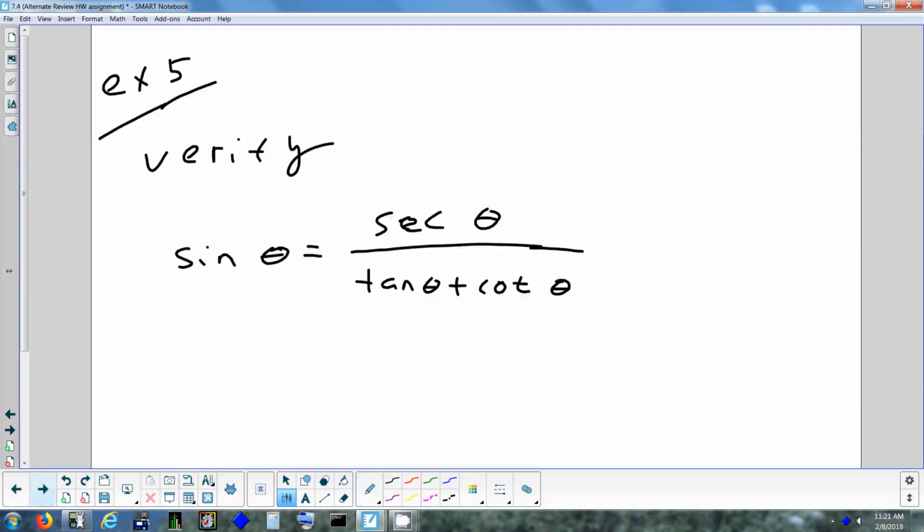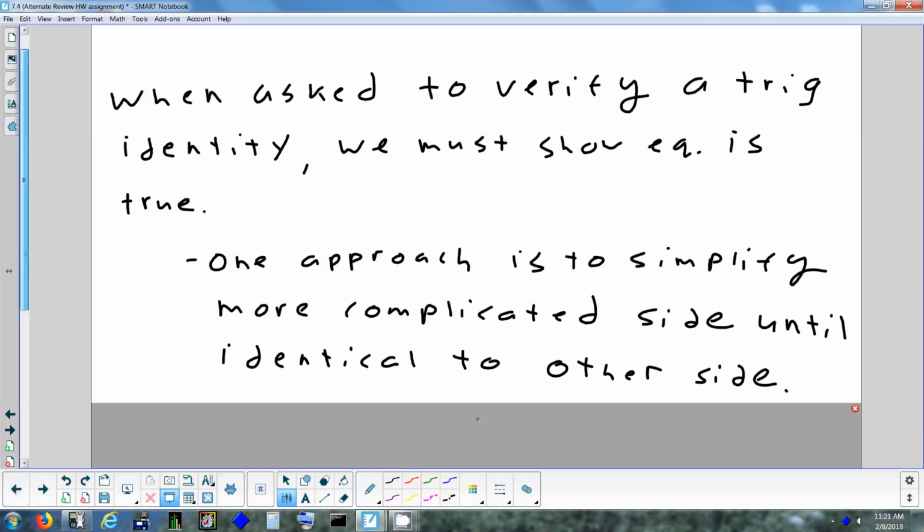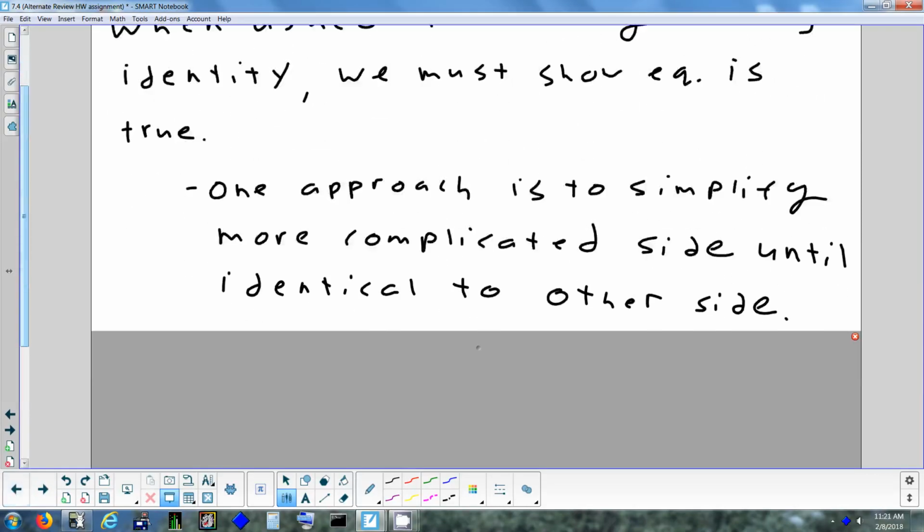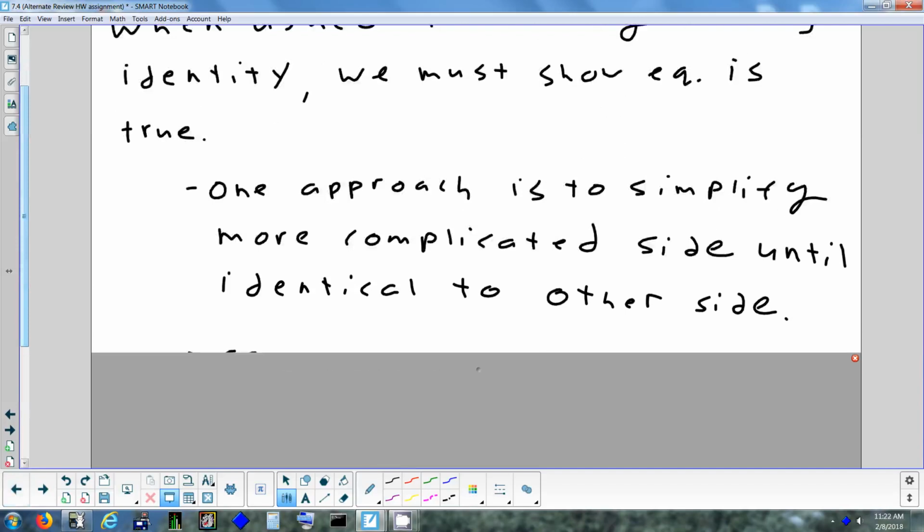It's a lot easier to take something that's complicated and simplify it, rather than take something that's already simplified and try to complicate it. That's kind of hard to do. If you have a problem where you really can't decide which side looks more complicated, then start with either side. But most of the time it's going to be pretty clear which side is more complicated.